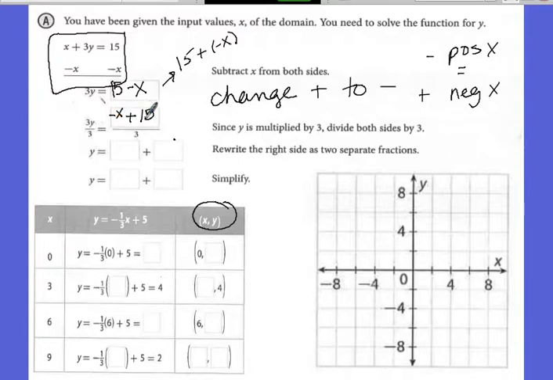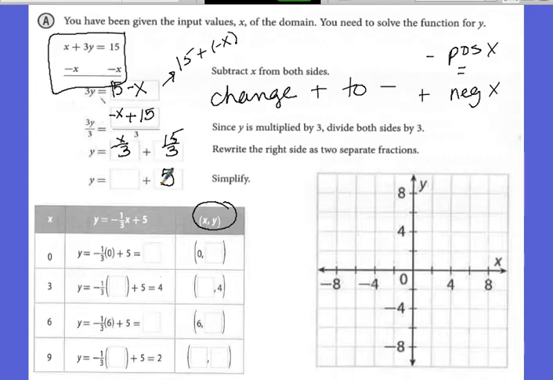Then I divide both sides by 3. And here I end up with negative x over 3 plus 15 divided by 3. Now 15 can be divided by 3 and it gives me 5.